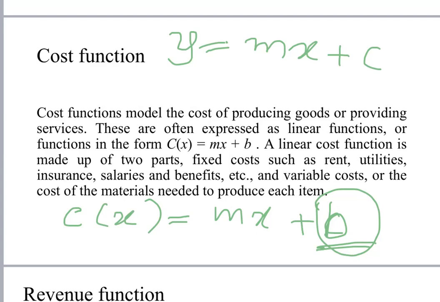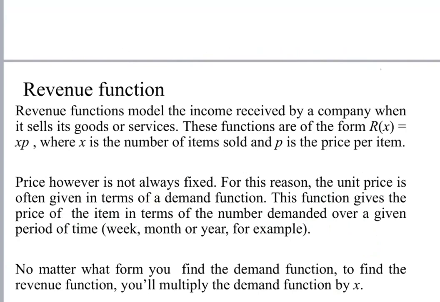And if we move to the next function, that is the revenue function. The revenue function models the income received by the organization when they sell their goods or services. This function we normally represent using the notation R, right?